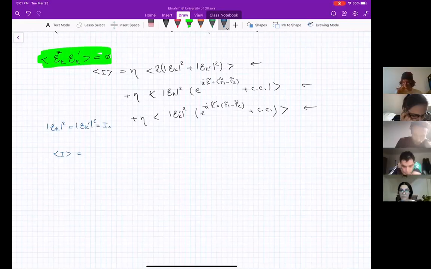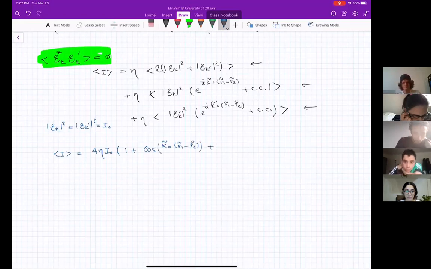then that will be equal to 4 eta I0. Then I will get 1 plus, from the first one, cosine of k dot (R1 minus R2).